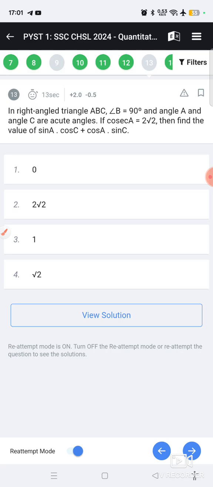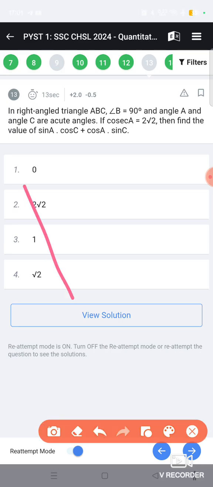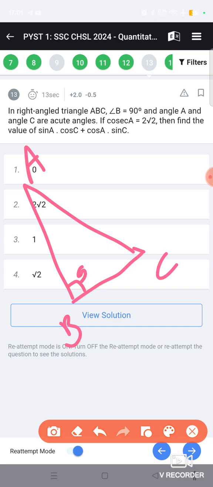In a right angle triangle ABC, angle B is equal to 90 degrees. Okay, just make a right angle triangle ABC. Angle B is 90. It means this is B, this is A, this is C, 90. And angle A and angle C are acute angles. Okay, so cos A equals 2 root 2, cos A. It means, what is the value of cosec?